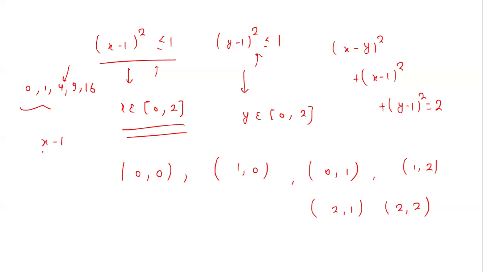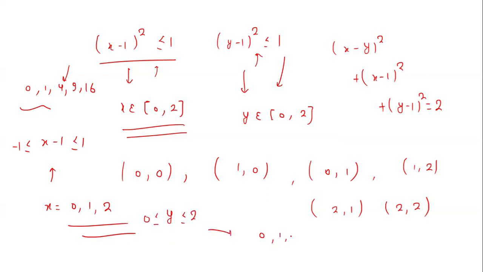So from here you can take the square root on both sides, and from there you can find what values x can take. So x can take the values 0, 1 and 2. From here you can easily see that, and similarly you can solve for y, so y is in the range 0 to 2, and y is an integer, so it will take the values 0, 1 and 2.